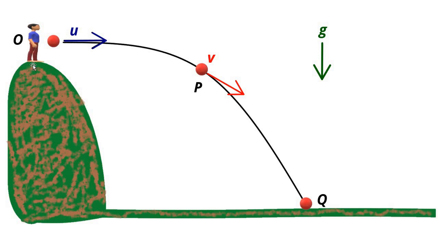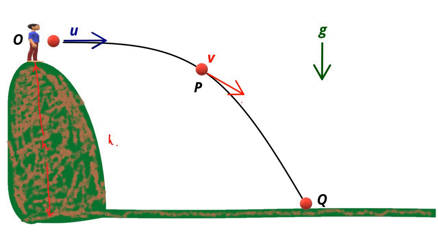Let's say the height from where the boy is standing to the ground is h. This is the height from which the object is thrown.